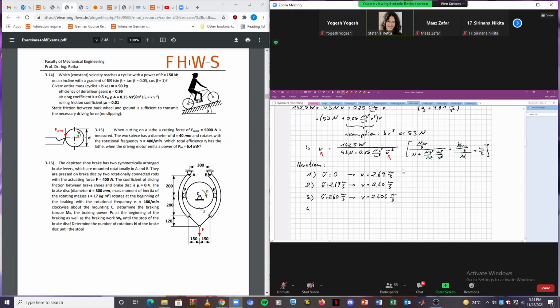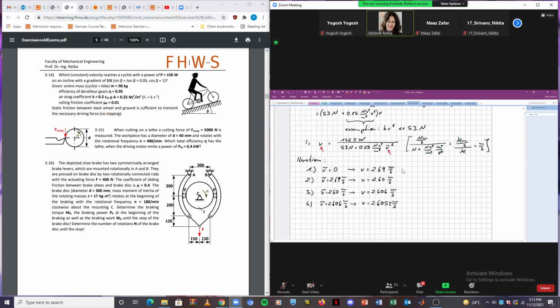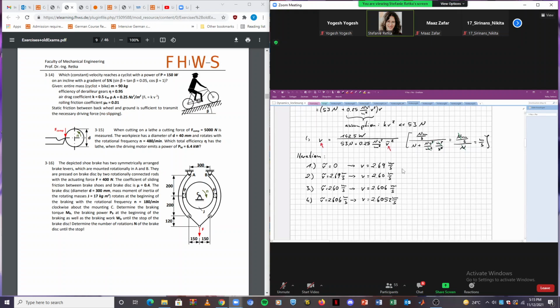Now for the fourth step, we apply 2.606, and we obtain 2.605. If we take the fourth digit, it's 2.6052. So now we are almost there.